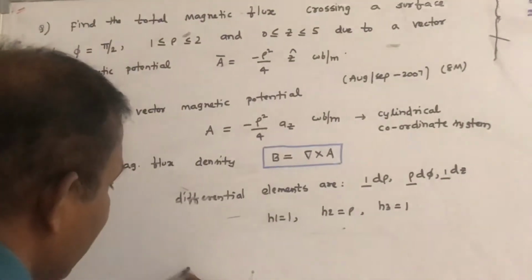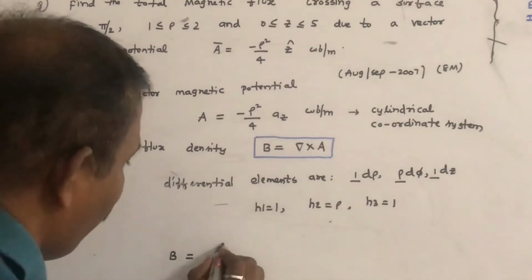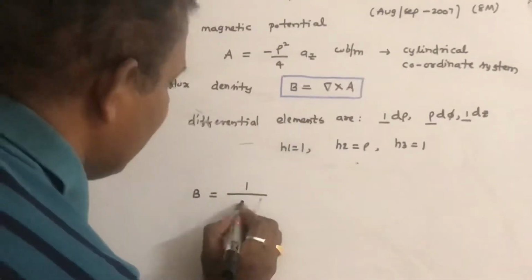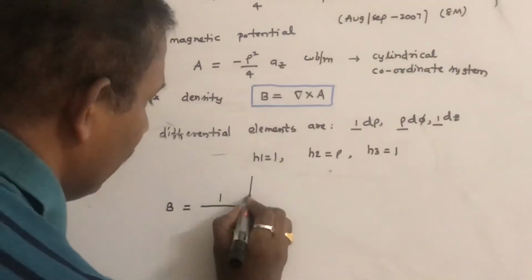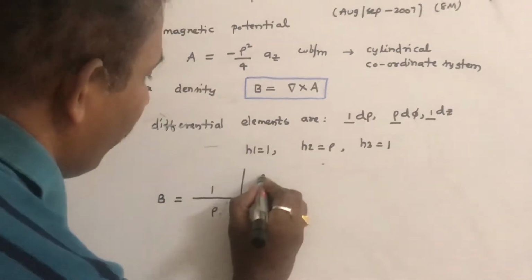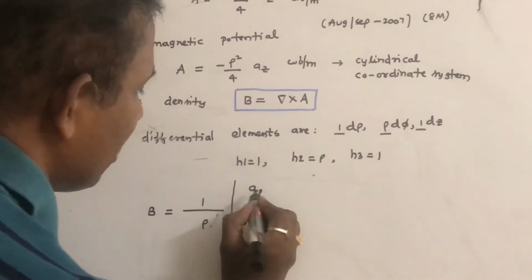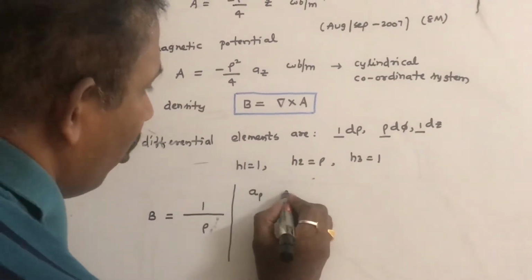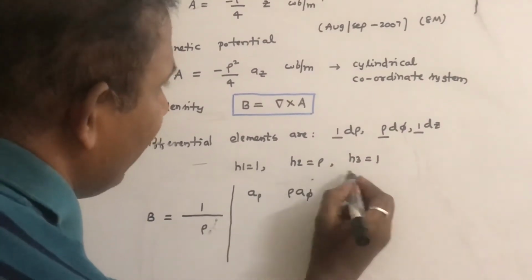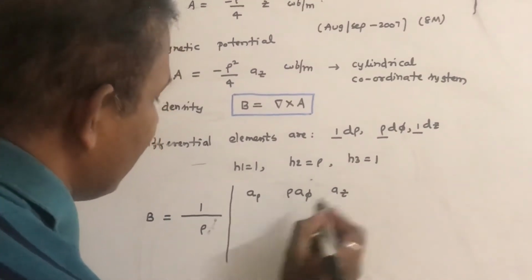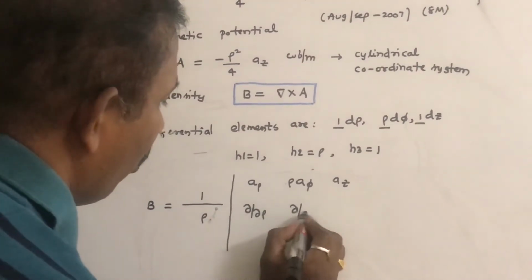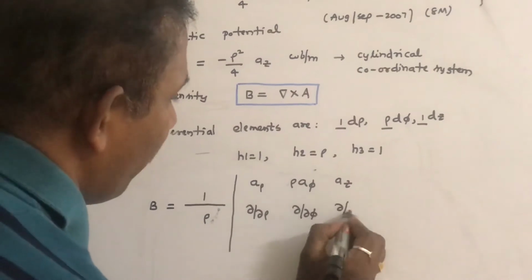So B is written as 1 by h1 h2 h3, that is 1 by rho. In the first row, because it is cylindrical coordinate system, we write h1 a rho, h2 a phi, h3 az, so 1 into az is az. In the second row, dou by dou rho, dou by dou phi, dou by dou z.